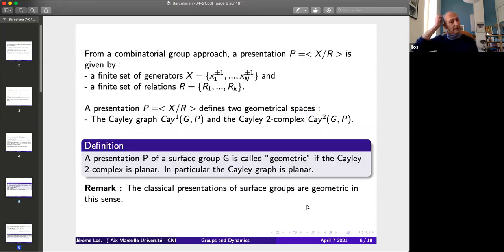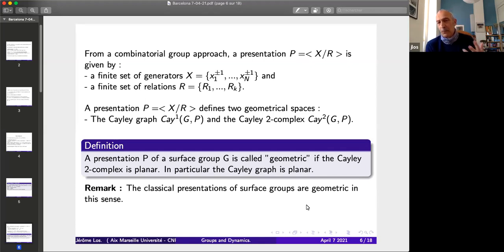So now, as I say, I would like to enter this story from the combinatorial group approach. A combinatorial group is where you give yourself a group by a presentation, a finite set of generators and a finite set of relations.